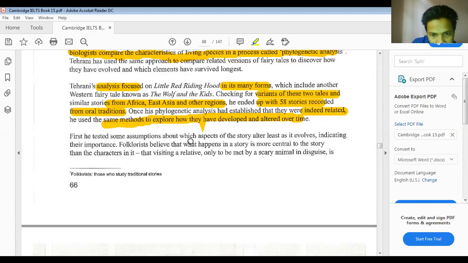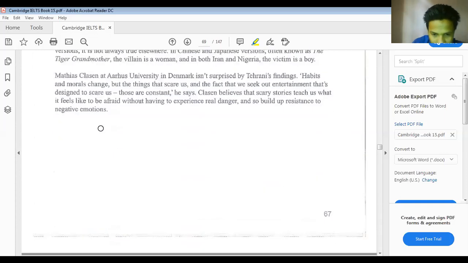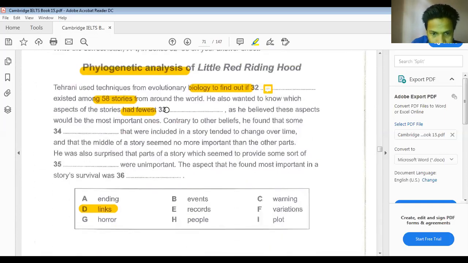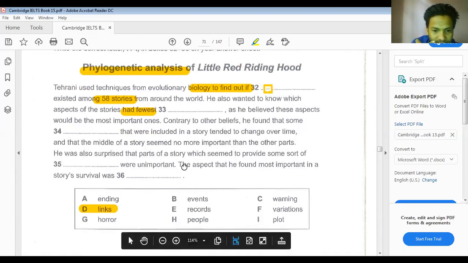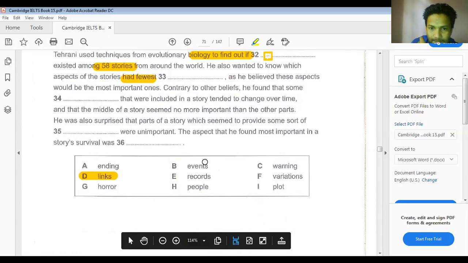First, it tested some assumption about which aspect of the story would alter least as it evolves, indicating its importance. A story alters least as it evolves, indicating its importance. It talks about importance. Let's say at fewest, ending no, events, warning, horror, records, variations.